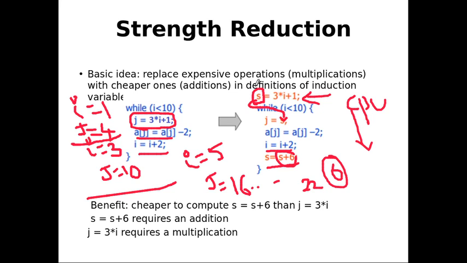So when you are focusing on time, you must vote for this. So this is the third technique, strength reduction.